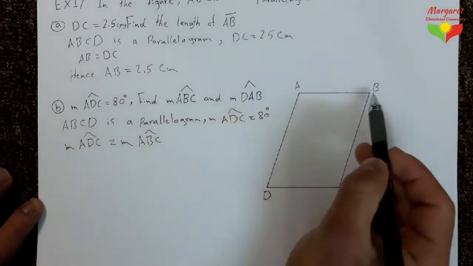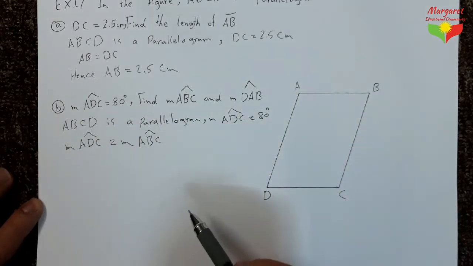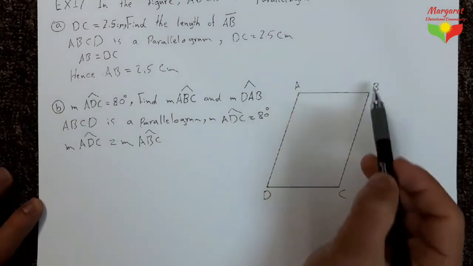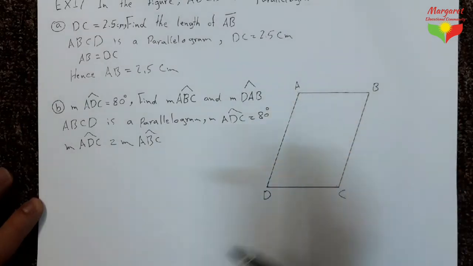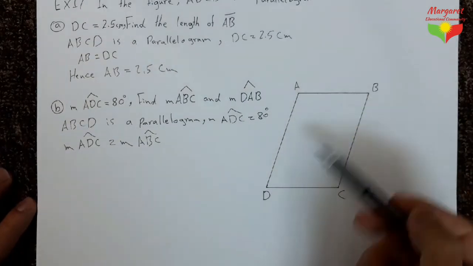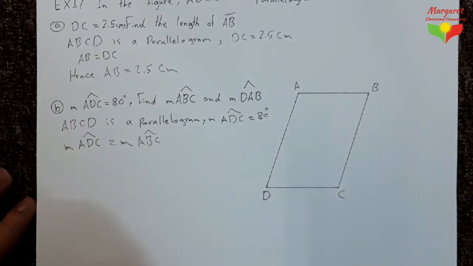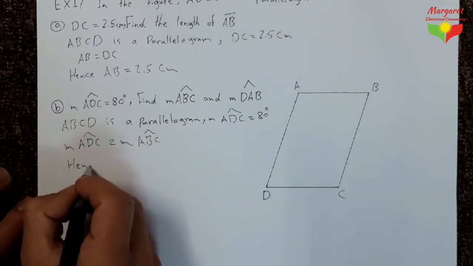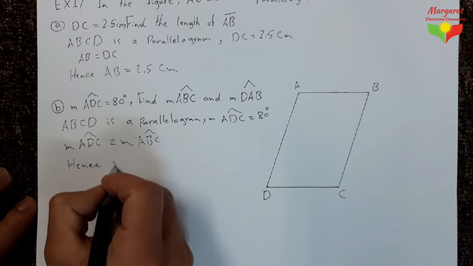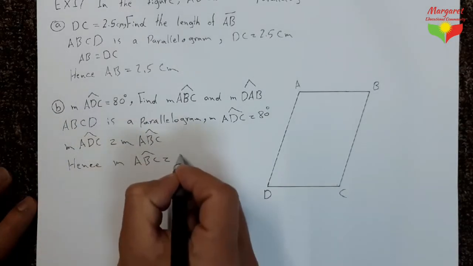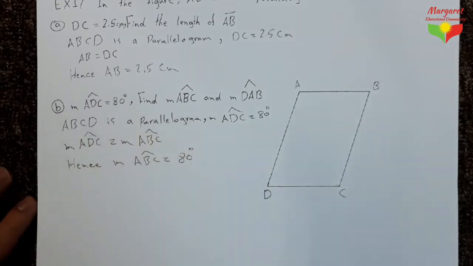Since ABCD is a parallelogram and angle ADC and angle ABC are opposite angles, they are congruent. Hence measure of angle ABC also equal to 80 degrees.